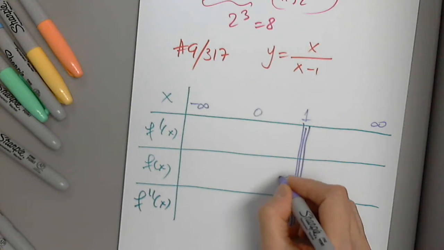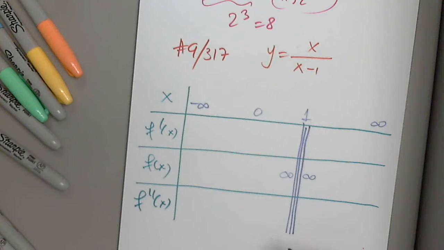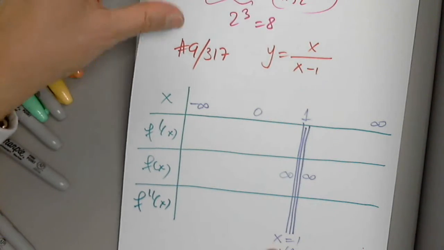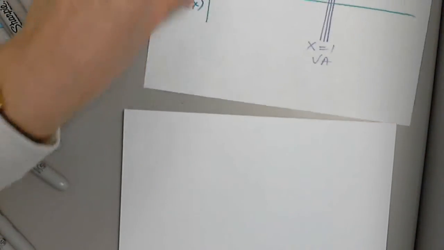I immediately know that there must be infinity left and right. I also know that x equals 1 is a vertical asymptote right away. Would you agree? Yes. Perfect. I don't know the signs. I'm going to determine the signs in a minute. Let's find those.